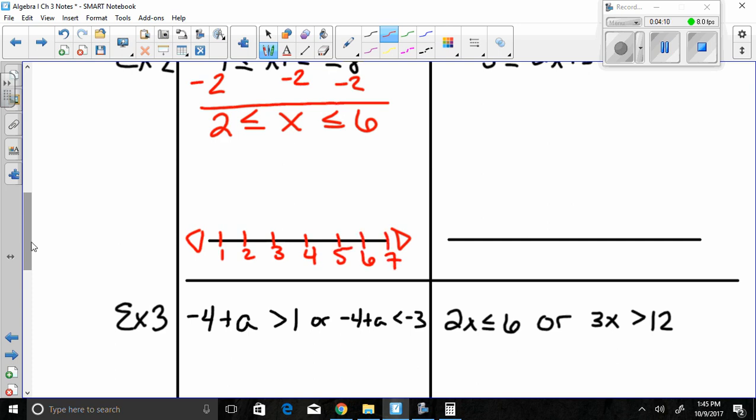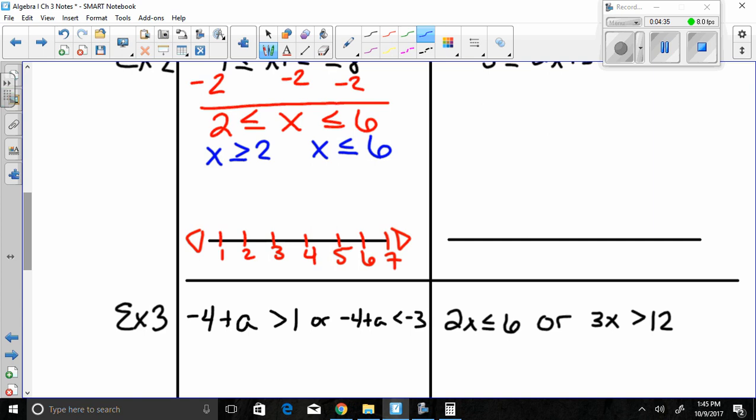I did a number to the left of 2 and one to the right of 6, just so we would have everything in here and you can see what's going on. What we have here is you can break this up into two inequalities if you need to. It keeps the x, so it's less than 6. On that one, you can just leave it.